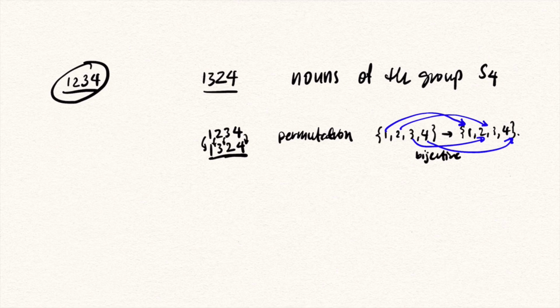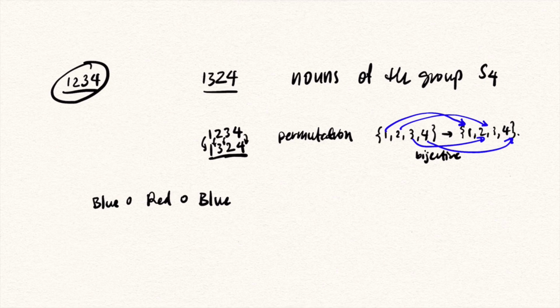But if we look at the diagram, so please scroll back into the video, we see that we can reach the list 1, 3, 2, 4 from the list 1, 2, 3, 4 by, for example, doing first blue, then red, then blue.